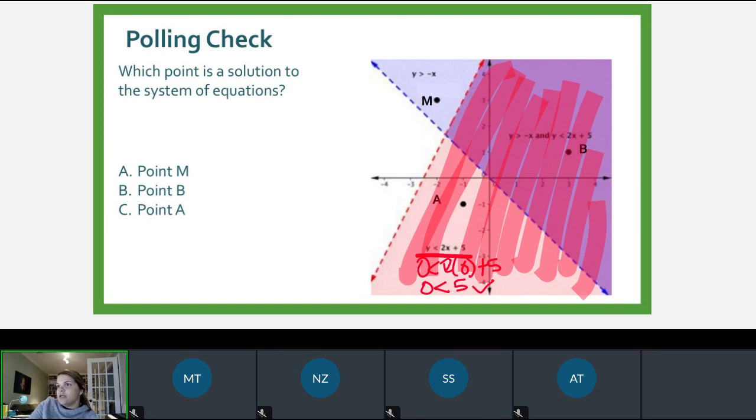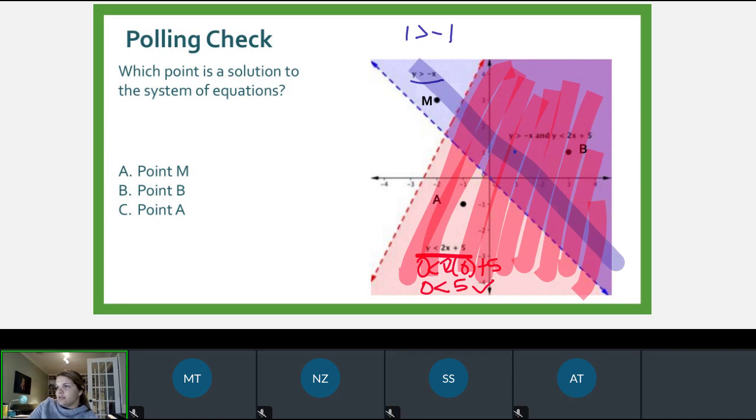Blue has the equation y is greater than negative x. So for this one, we cannot use the point 0, 0 because it's on the line. So let's pick the point 1, 1. So 1 is greater than negative 1. Is 1 bigger than negative 1? Yes, that point would be where that blue dot is.